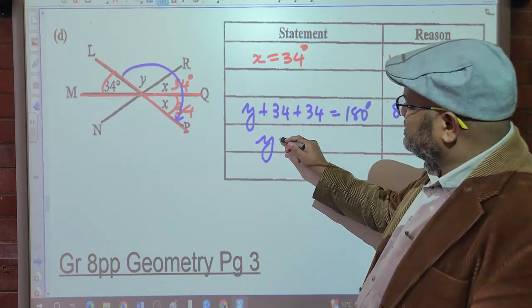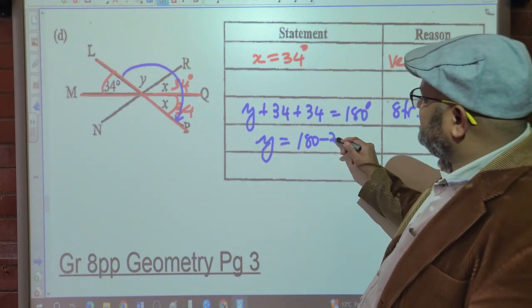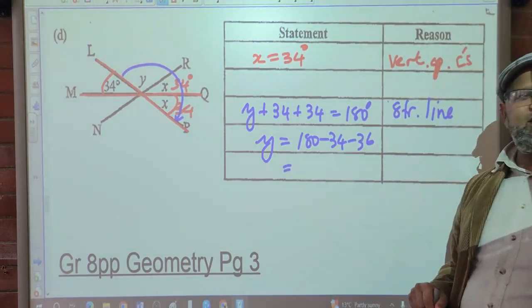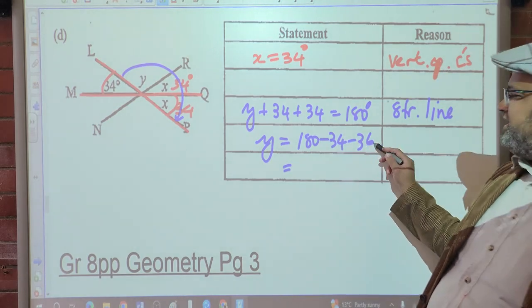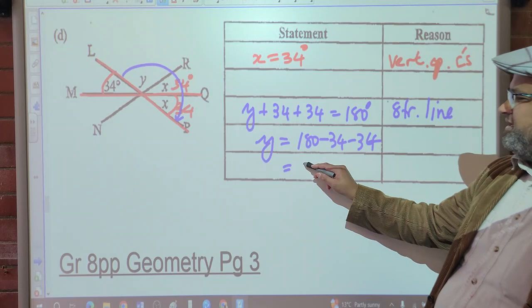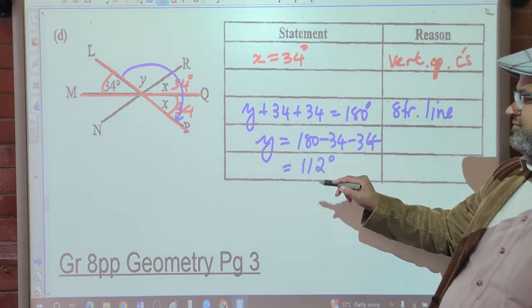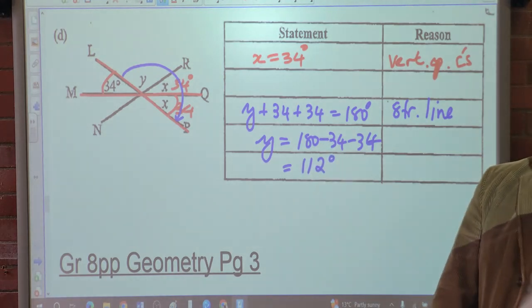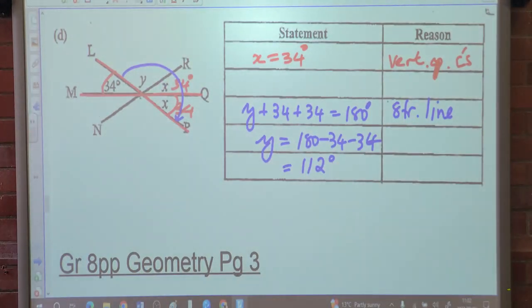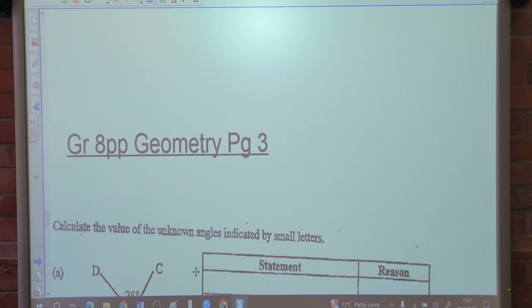So y is equal to 180 minus 34 minus 34. And what is 180 minus 34 minus 34? It's going to be 112. You guys understand? Alright, let's carry on.